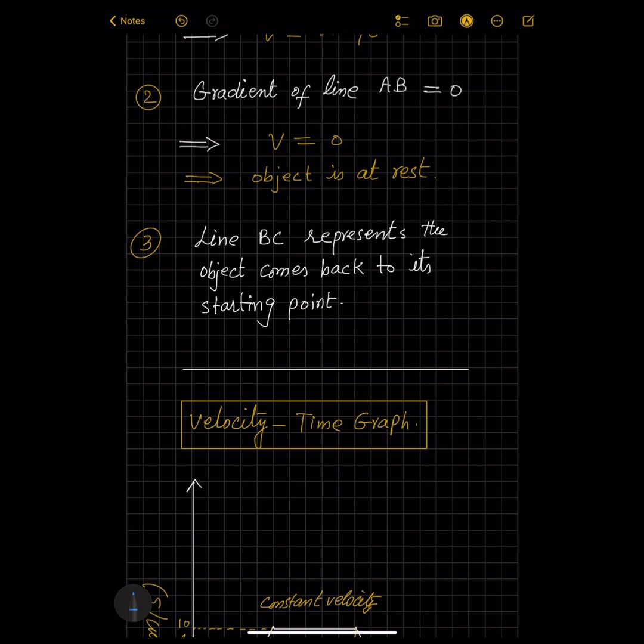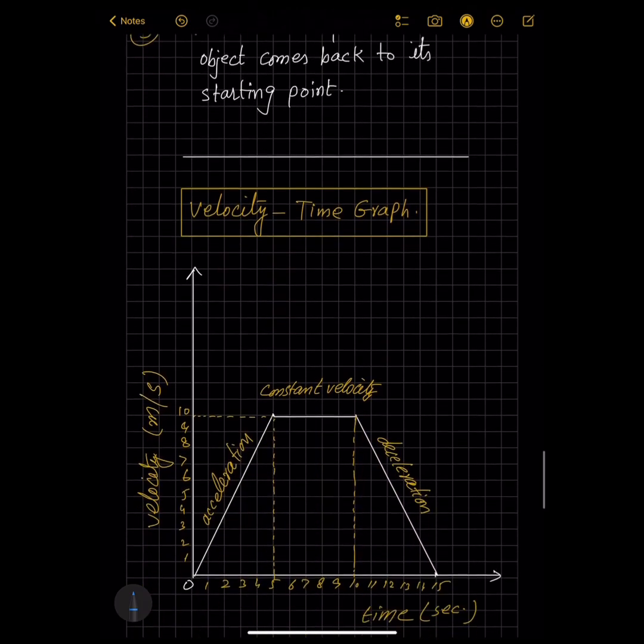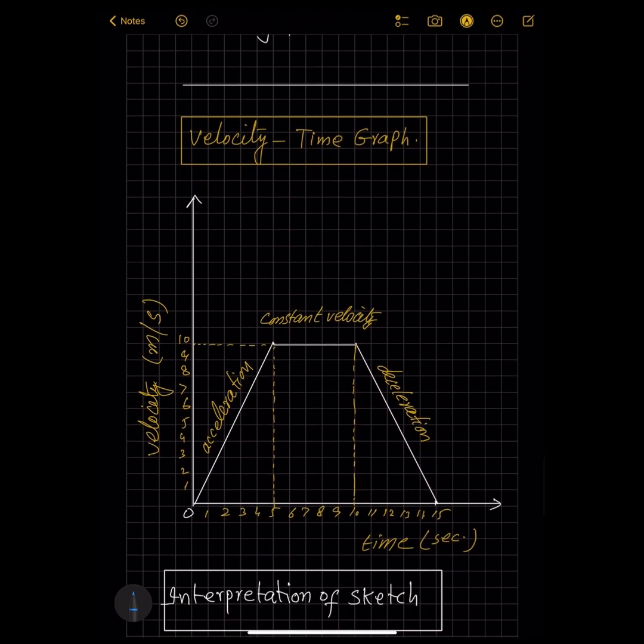Now next is the velocity time graph. In the same way, we will take the time along the x-axis and the velocity along the y-axis. Time is the independent variable and velocity is the dependent variable.